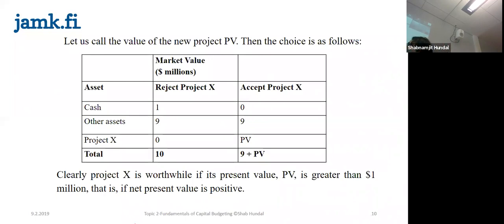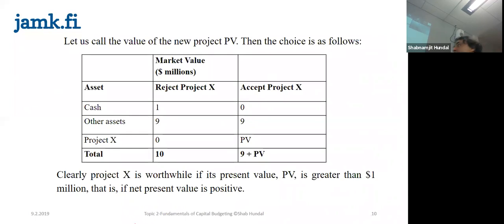But when you spend 1 million, you will be getting the present value of the future cash flows. If 9 plus PV is more than 10, it's worth taking the project.